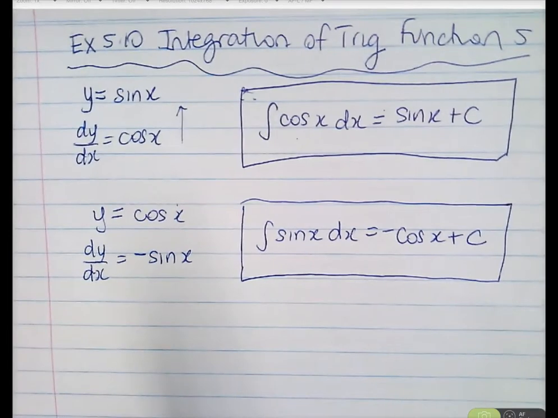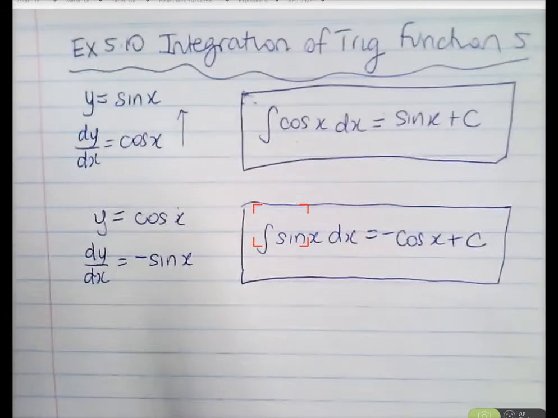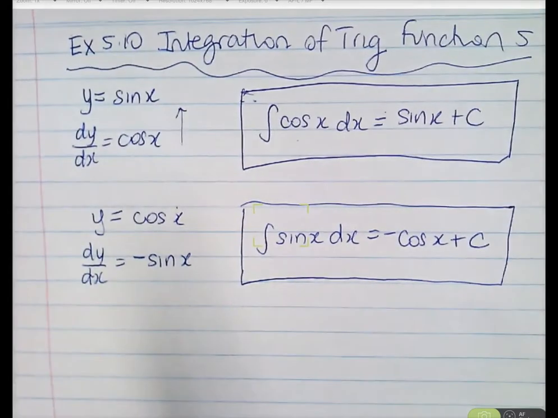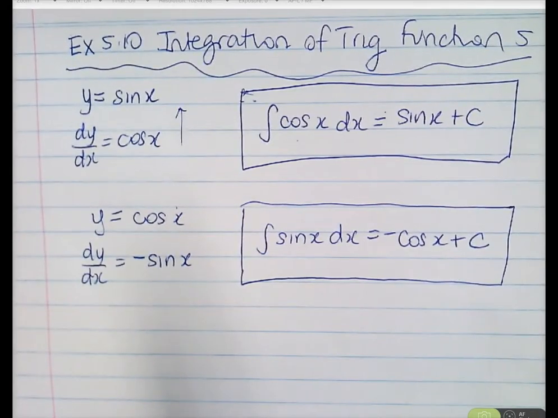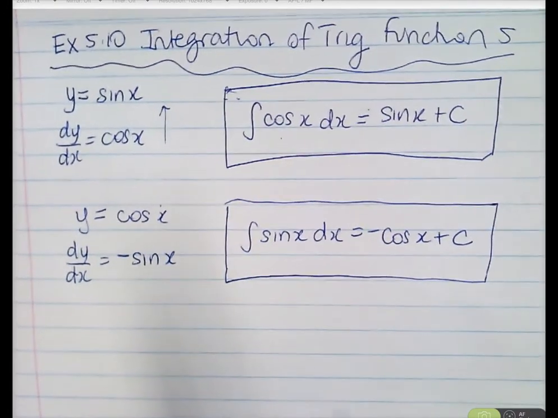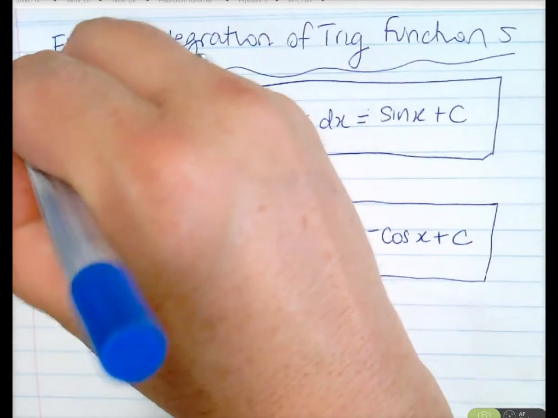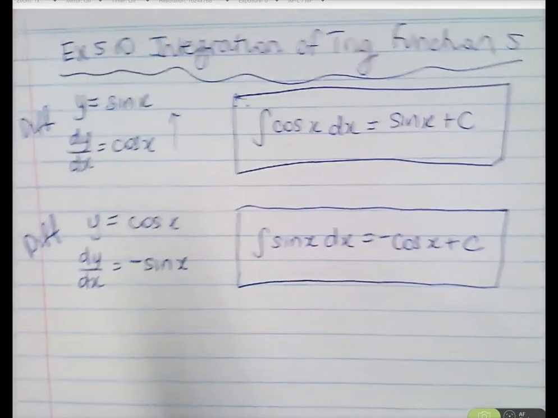Because when you differentiate cos to get sine, you have a sign change. So when you integrate sine, you'll get cos, but the sign will be the opposite. So if you integrate sine x, you get negative cos x. All right, we don't integrate negative sine x. We integrate sine x to get negative cos x plus c.